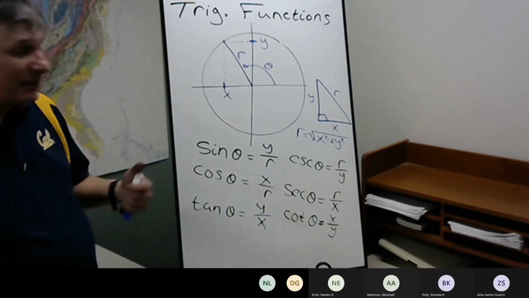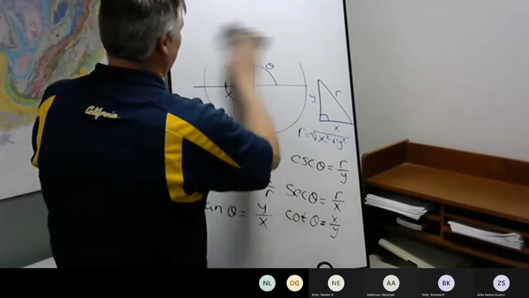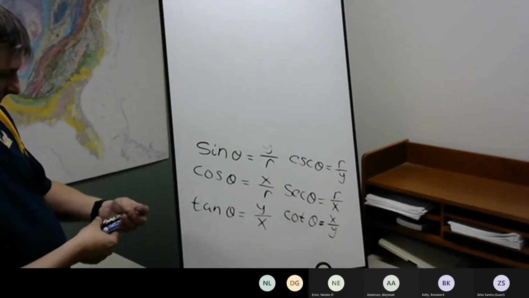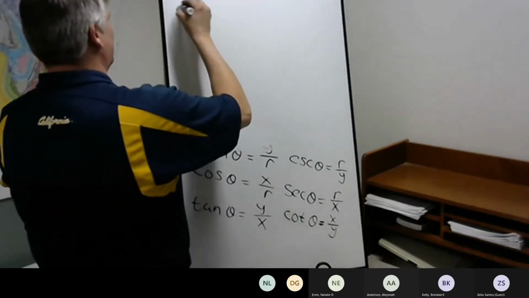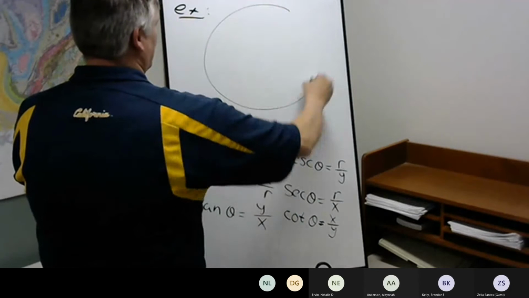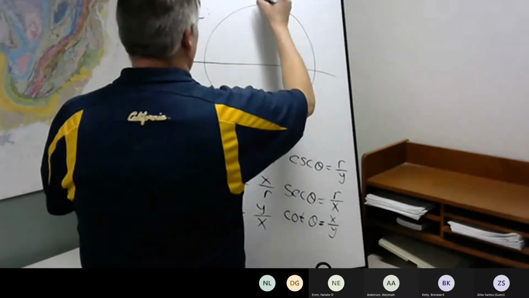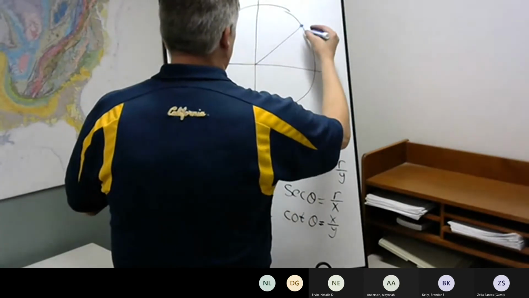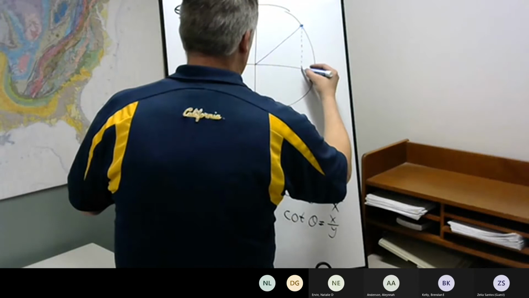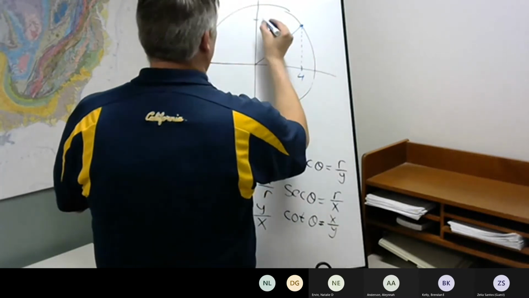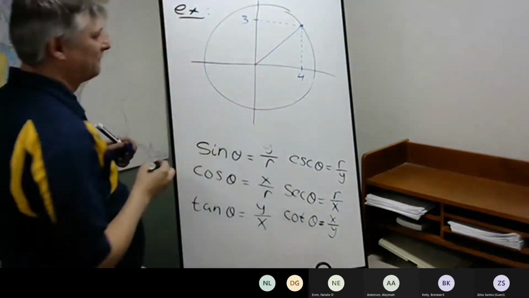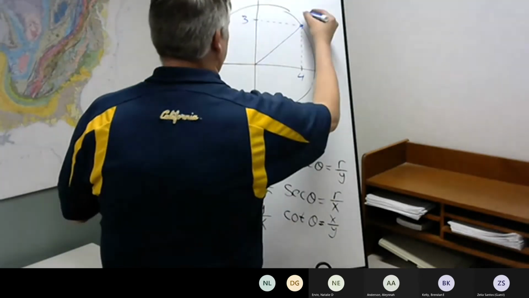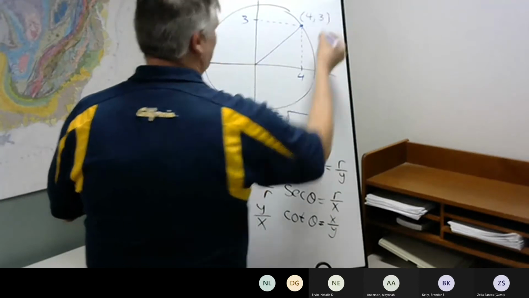All right. So let me do an example. So r will be the square root, and this is going to be x is 4, y is 3.